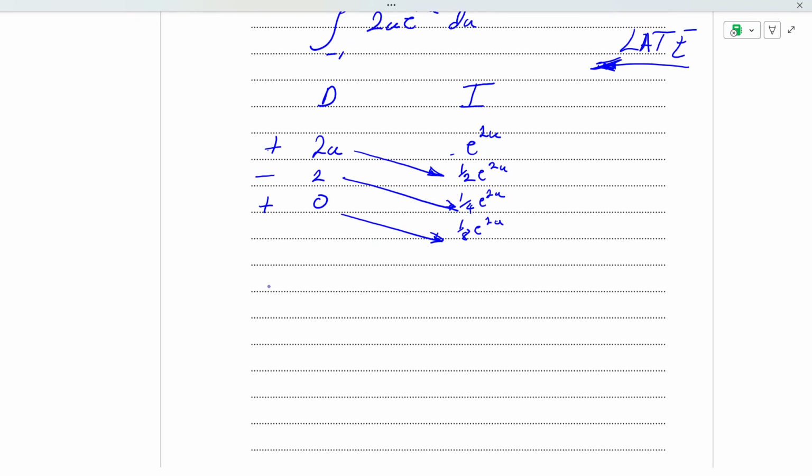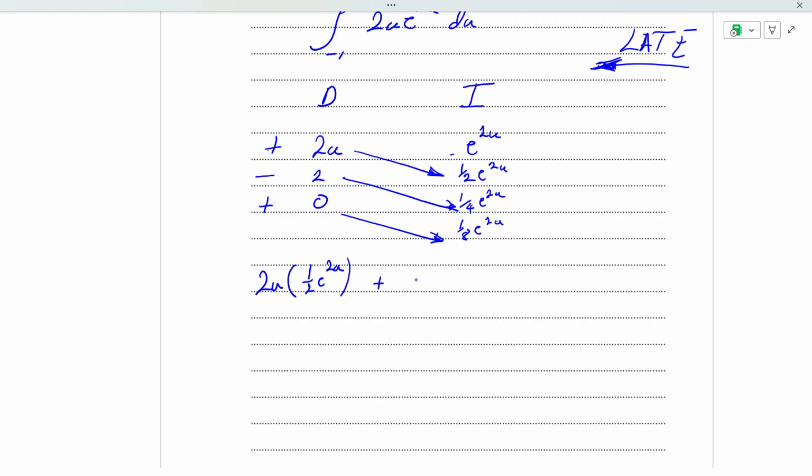When you do the multiplication, actually let me show you doing the multiplication so that you don't get lost. So you're multiplying 2u multiplied by half e to the 2u, right?